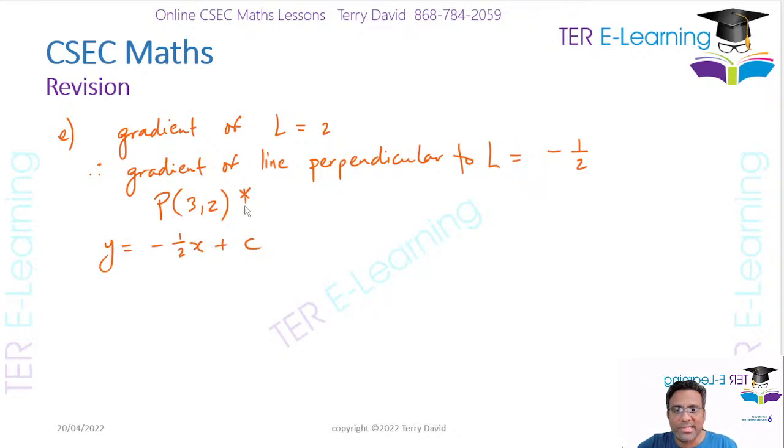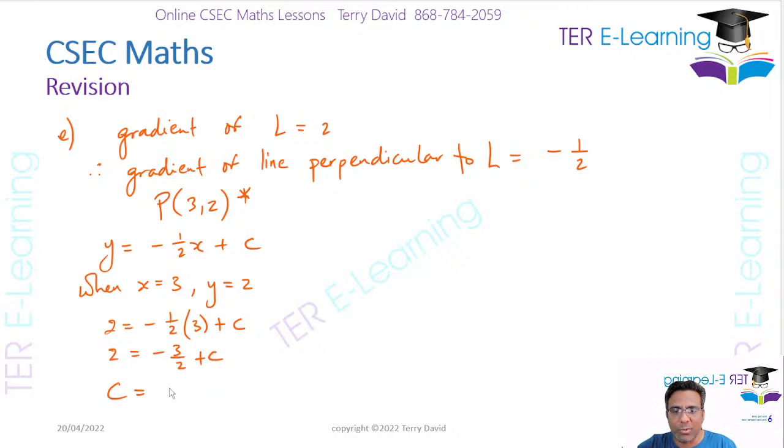I'm going to use this point here in order to figure out what c is. When x is equal to 3, y is equal to 2. That's from this point P. So 2 = -½ × 3 + c, so 2 = -3/2 + c.